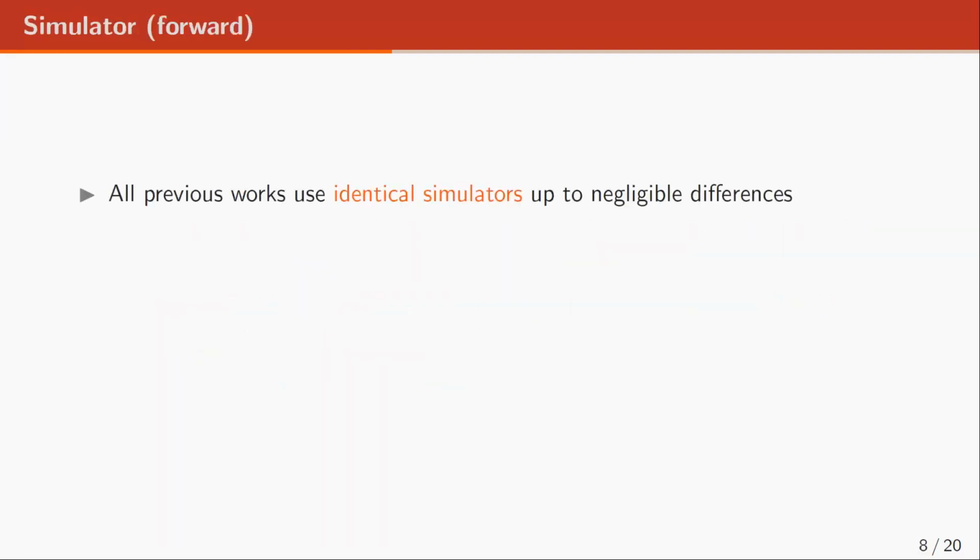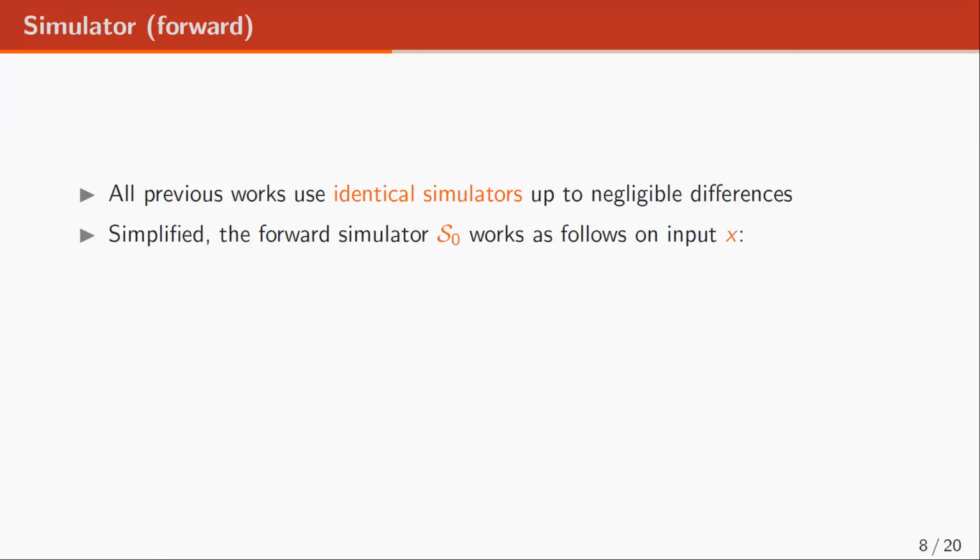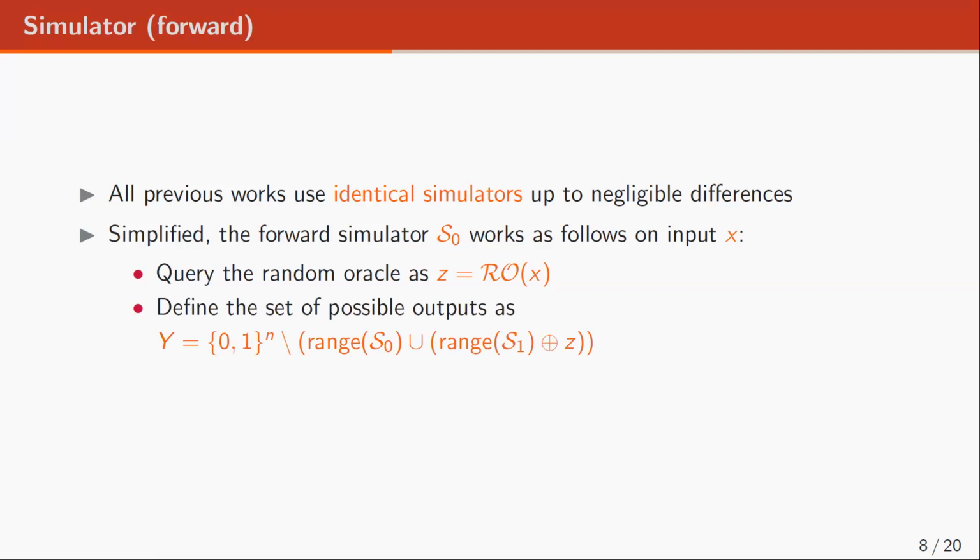All these works actually use the same simulator, up to some negligible differences, so I will quickly explain that one. Assume the simulator is queried on S0 with an input x. The first thing it does is query the random oracle on this input x to get z. Then it defines the set of all its possible outputs.